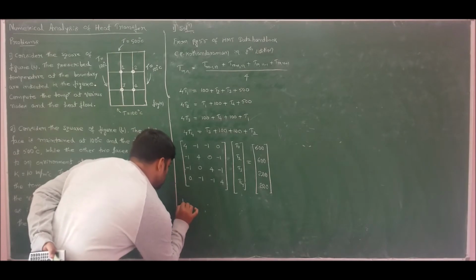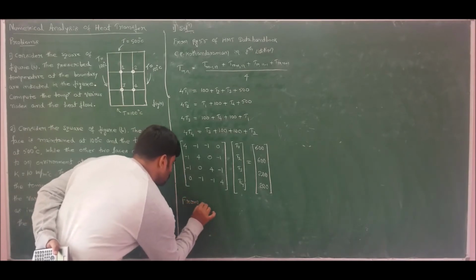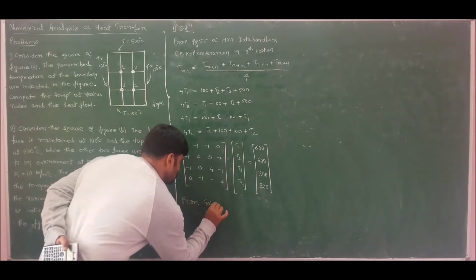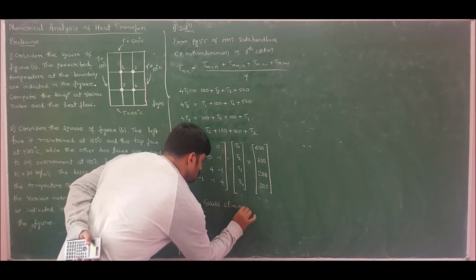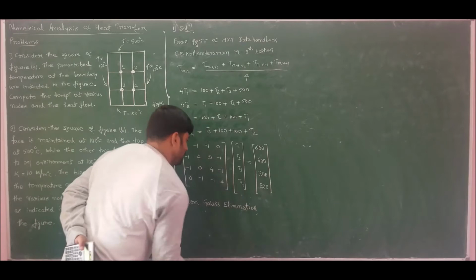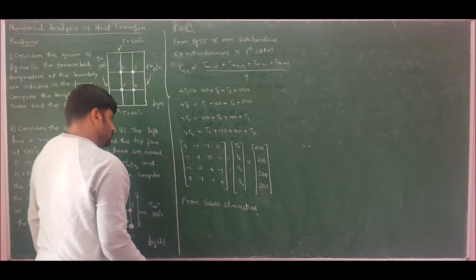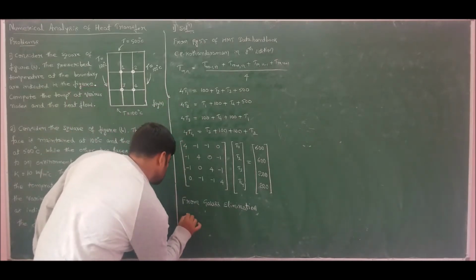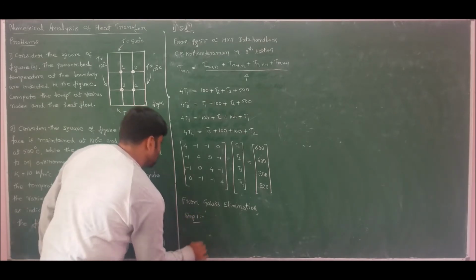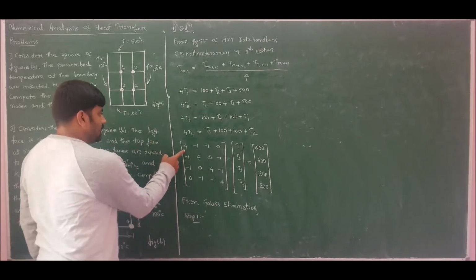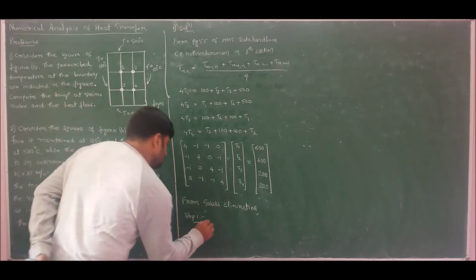From Gauss elimination, in step 1, I make the key element 1.